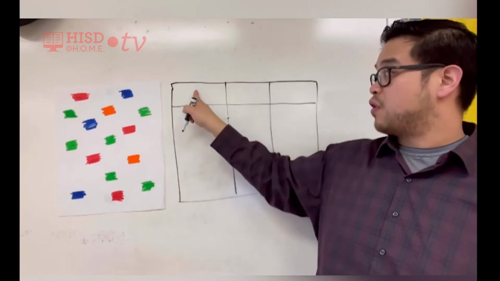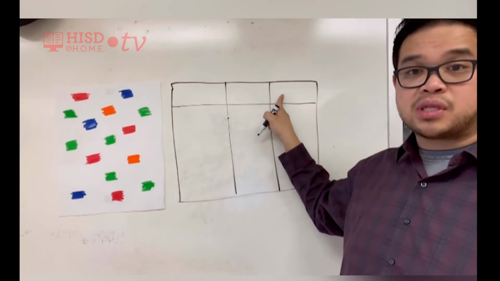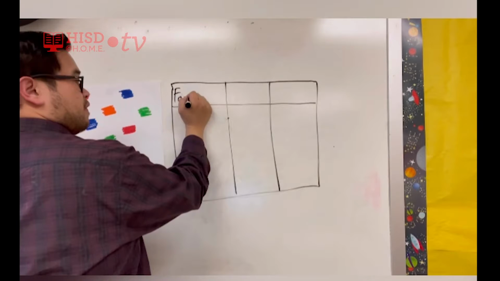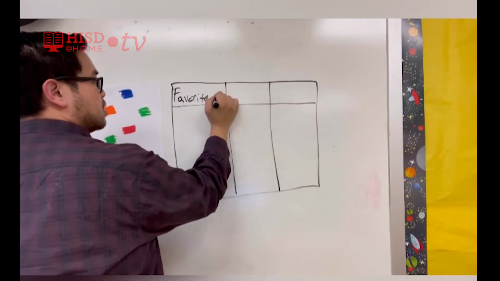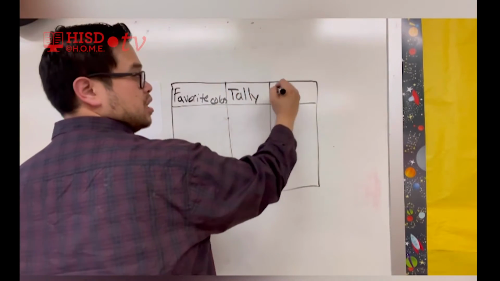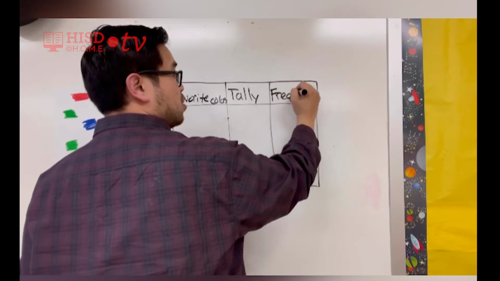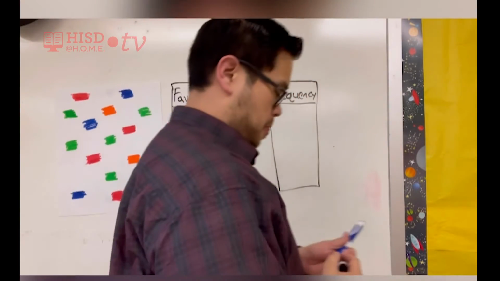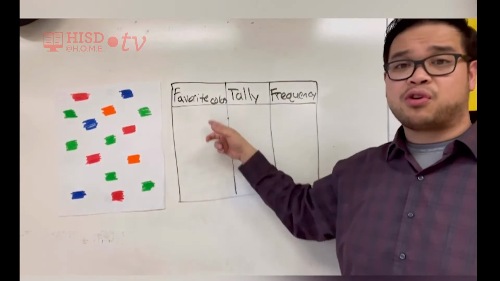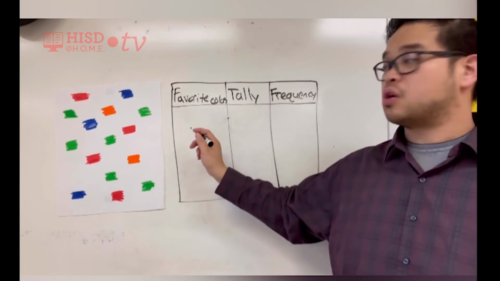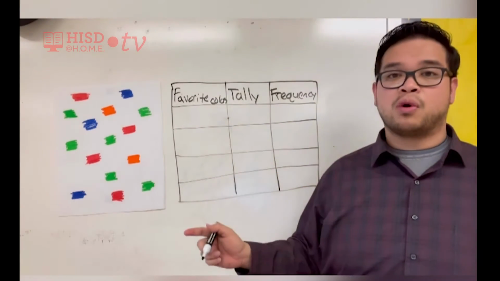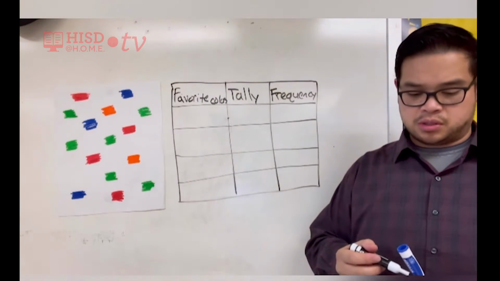What we're going to have is favorite colors, tally, and frequency. So we have our favorite colors, tally, and frequency. Now since we have 4 colors, I have to create 4 rows to mark these colors. So to create those 4 rows, I just drew 3 lines to separate 4 rows.